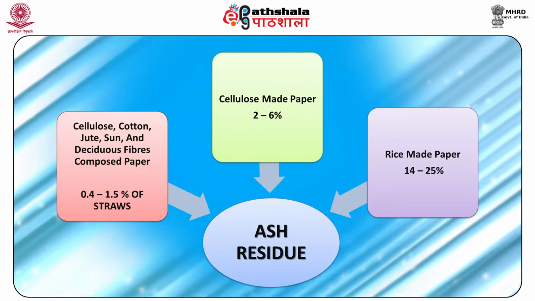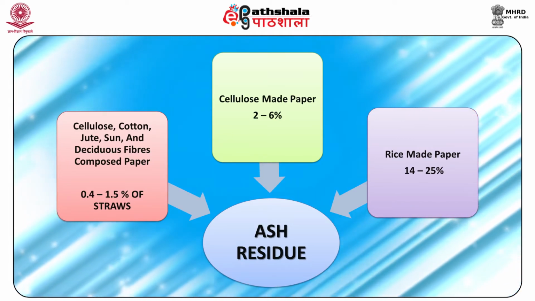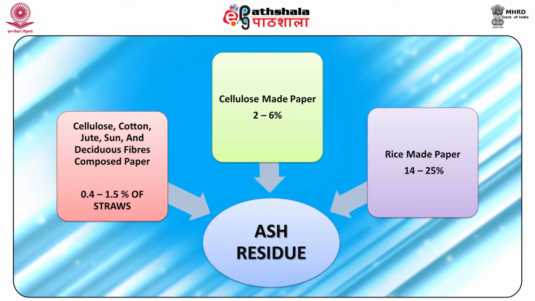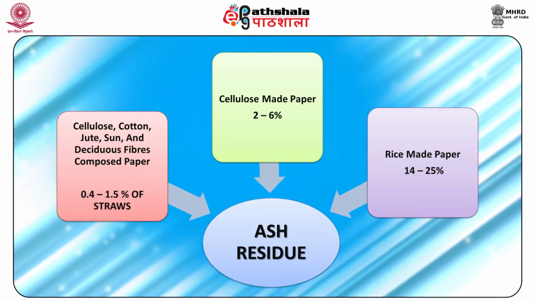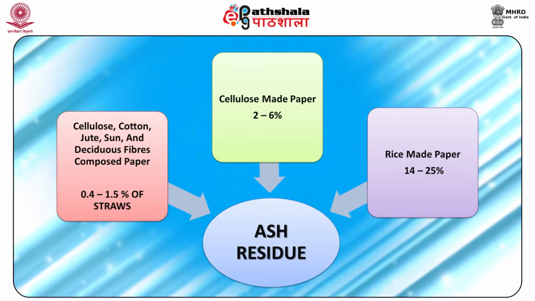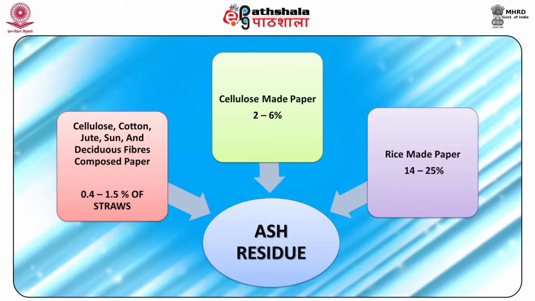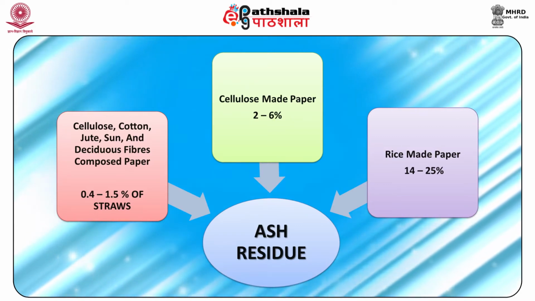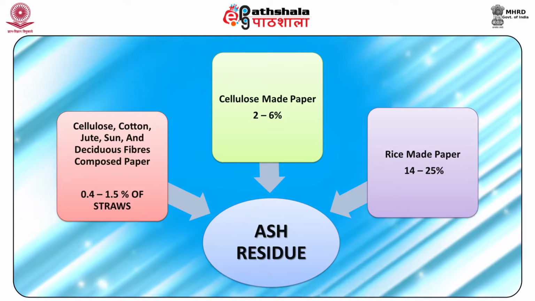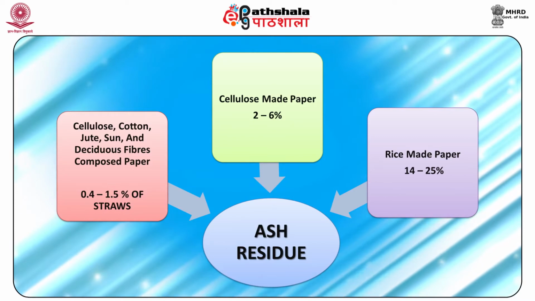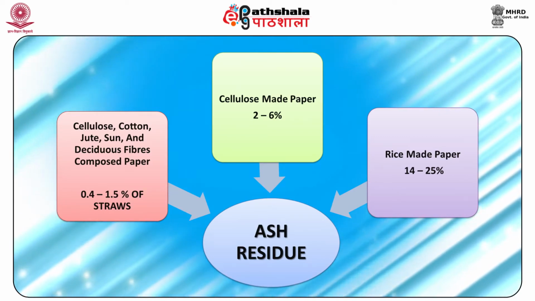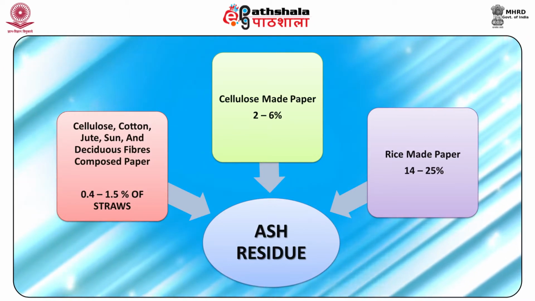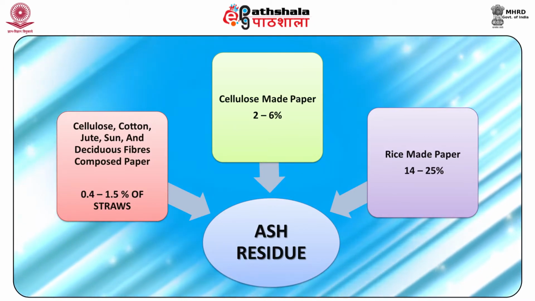Pulp of straws and cellulose made paper have ash residue of 2 to 6%, and for rice paper this weight is 14 to 15%. The papers which have the common origin may have a difference of up to 4.5%. The ash residue is mostly due to presence of loading agents.